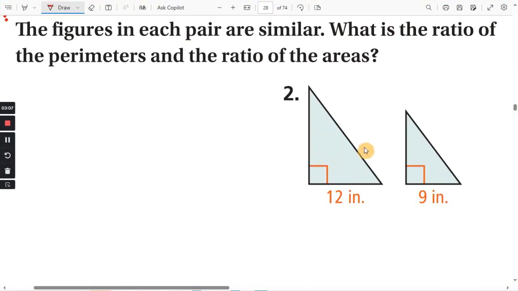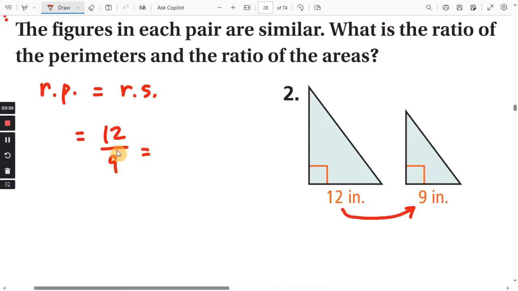Please pause and try to do the same thing on problem number 2. All right, let's start with the ratio of the perimeters. We said that the ratio of the perimeters equals the ratio of the sides. So what is the ratio of the sides? We're just going to take the corresponding sides and do 12 divided by 9.